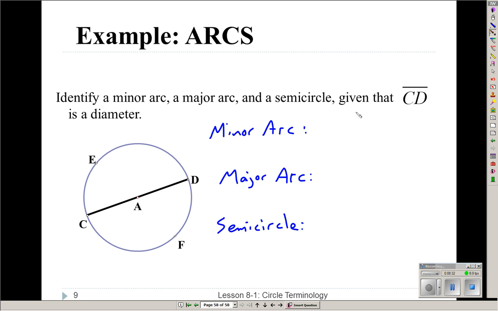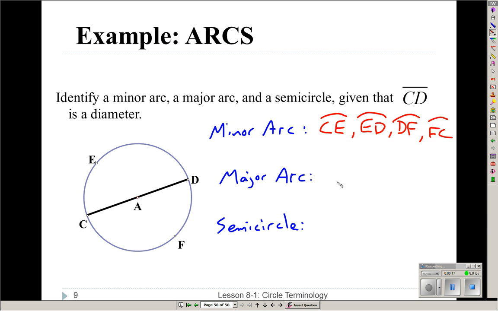Well, a minor arc is any arc that's under 180 degrees, like the arc from C to E, the arc from E to D, the arc from D to F, and the arc from F to C. All of those are minor arcs.